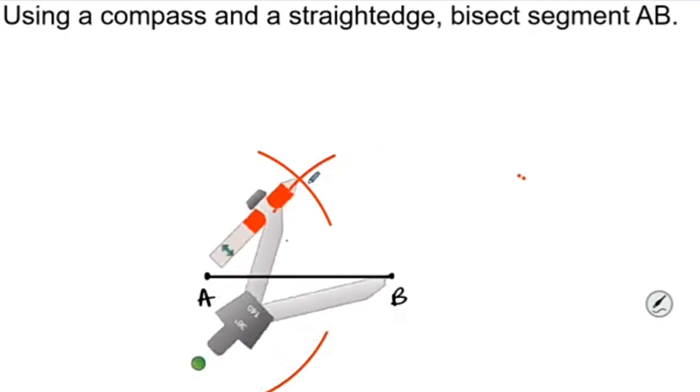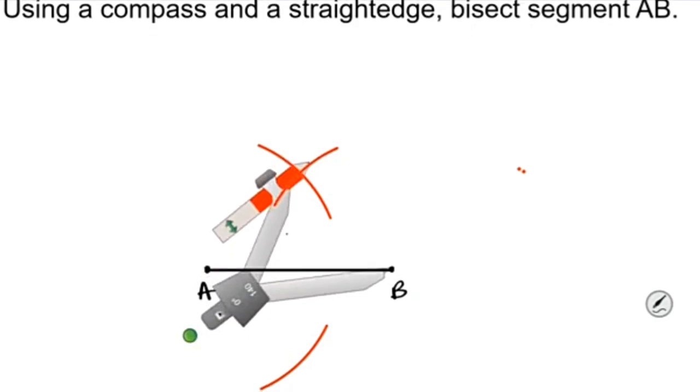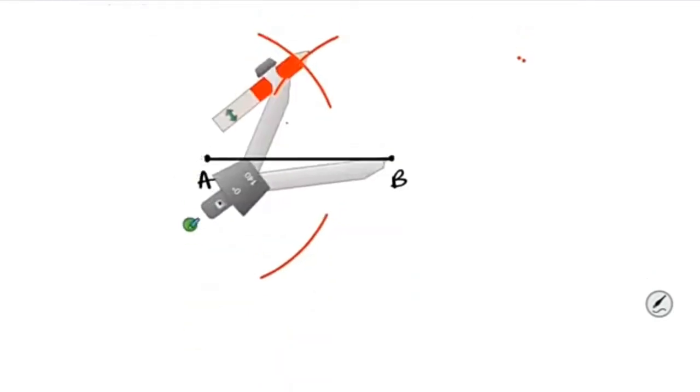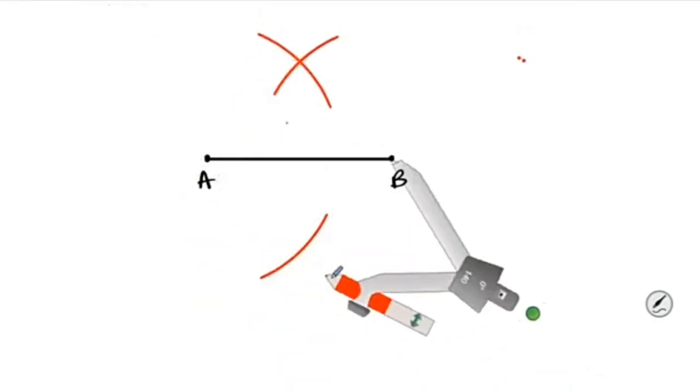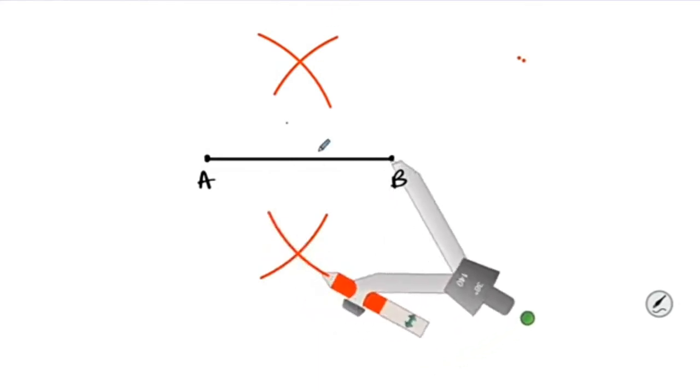So now we'll be having the third one there, cutting through the first arc, and with the same radius, do not extend it, you draw an arc that will be the fourth arc to cut through the second arc we have beneath AB.